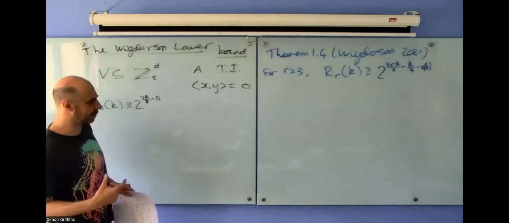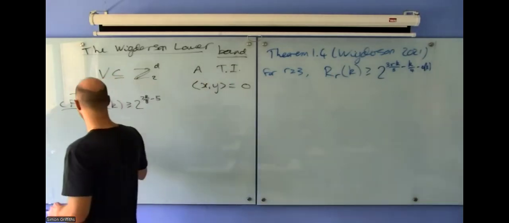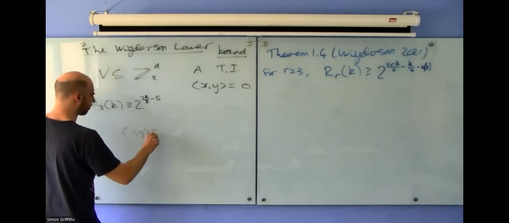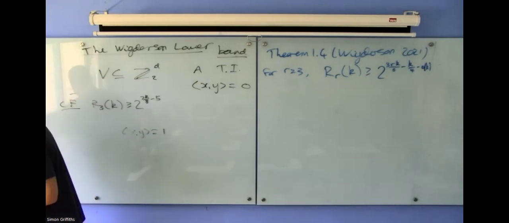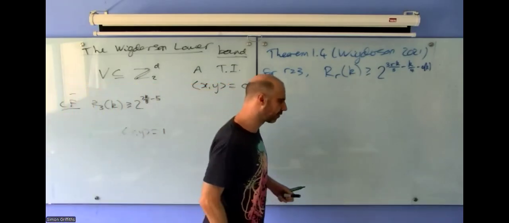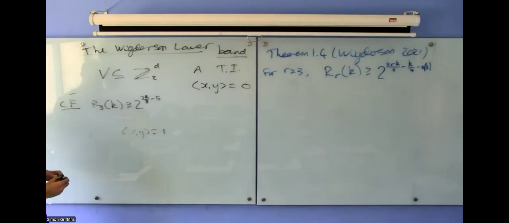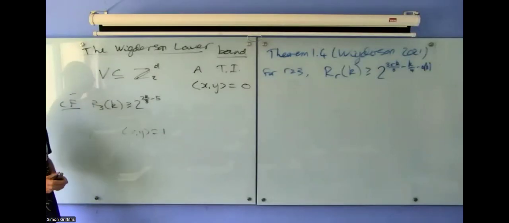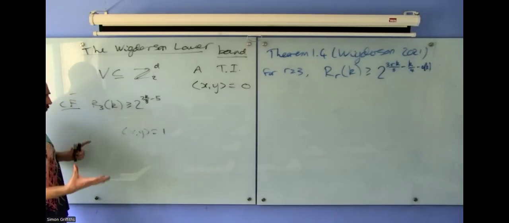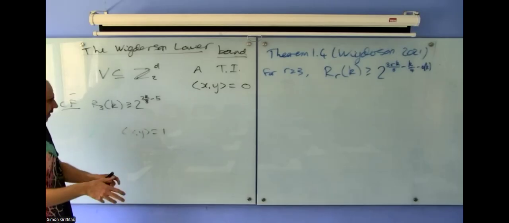We colour pairs green if the inner product is 1, and we colour it randomly red or blue if the inner product is 0. That was the idea behind the Conlon-Ferber lower bound. But one of the things you did after that, you realised that if you kept all the vertices, you would still have lots of red and blue cliques. So we zoomed into a random subset of this size.